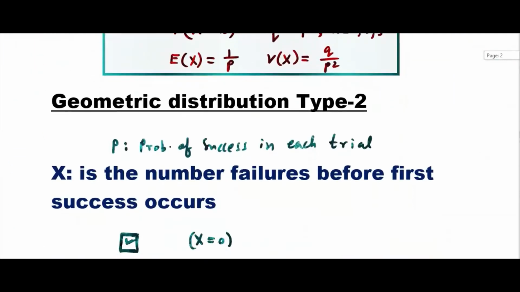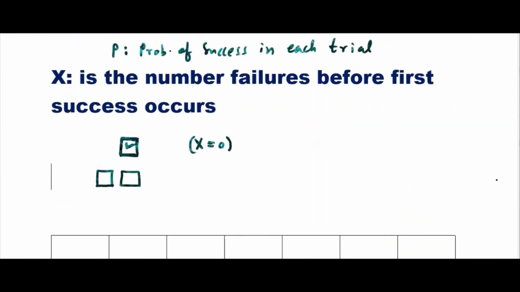Here success is the default, you got a success, that's fine. Did you fail before? No, then x will be 0, no failure. Here you count only the cross sign. Here x is 1. Then here x is 2.